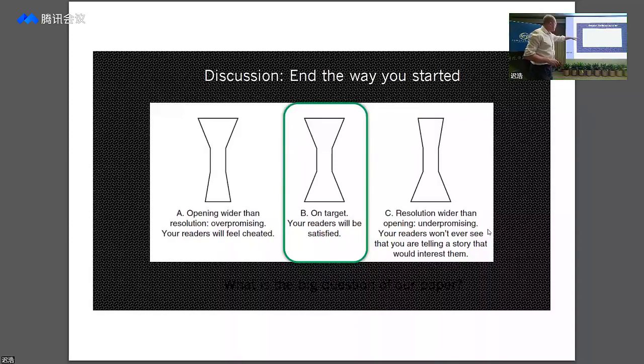Here is a schematic representation of how a paper should look. You can see these different shapes, and the one in the middle is the one that you should aspire to. How wide it is indicates how general you are.